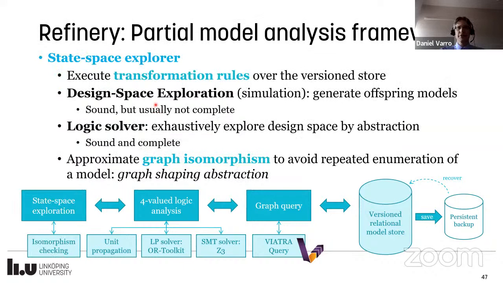And then we try to bring together former work on design space exploration as well as the logic solver into the same framework at the end. So this is partly ongoing work. We plan first public tutorials of the technology for the upcoming fall.